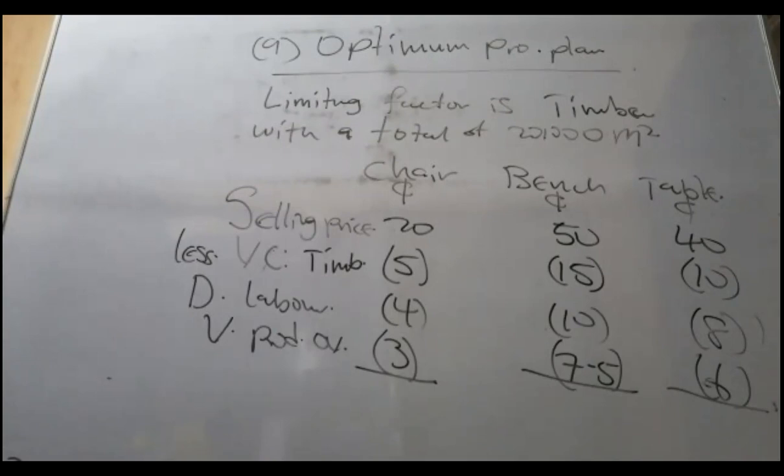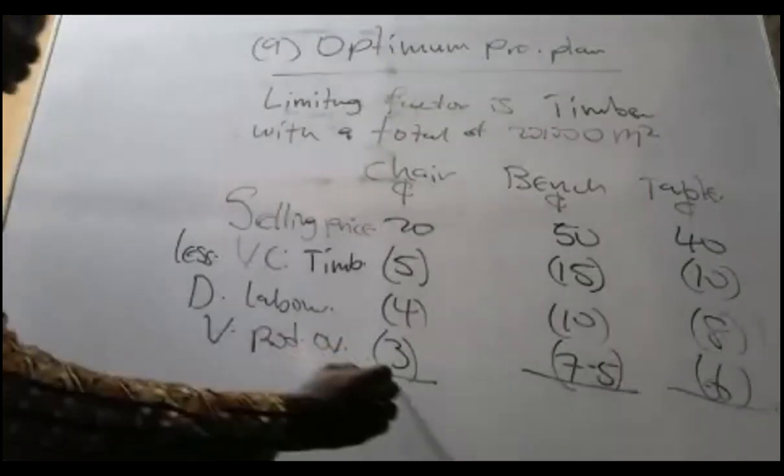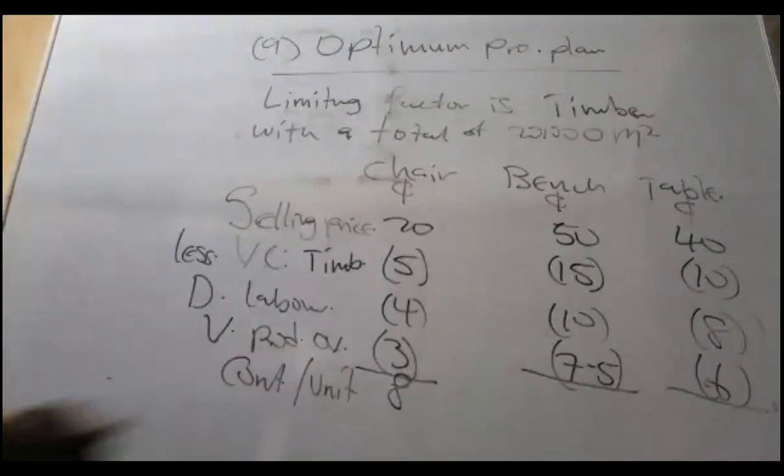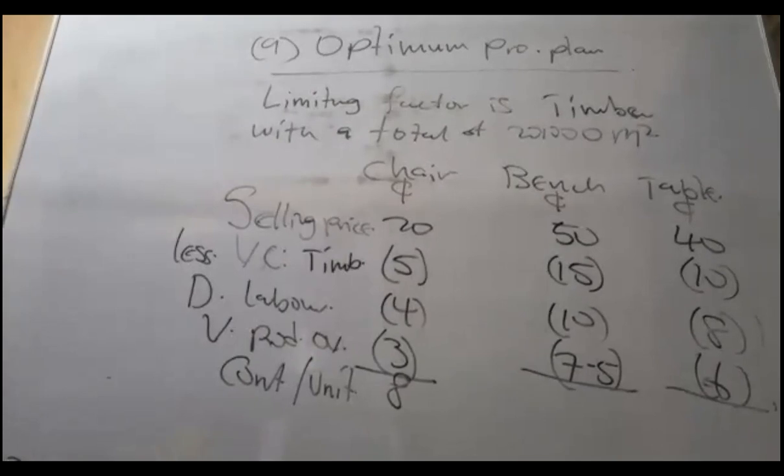That'll be 20 less 5, less 4, then less 3. And that'll give us 8 cedis. So the first one is what? 8 Ghana cedis. So that's the contribution per unit. The contribution per unit is 8 Ghana cedis.